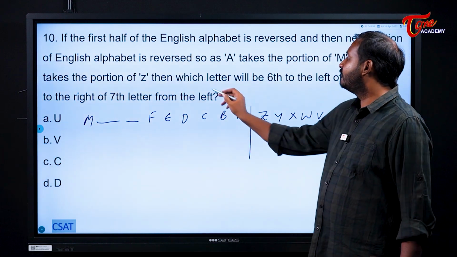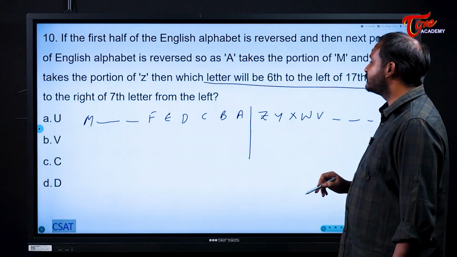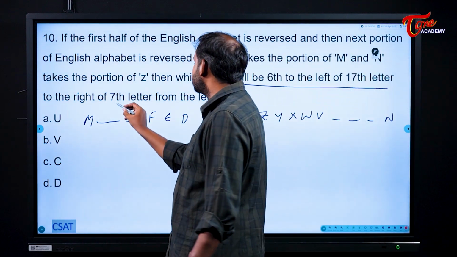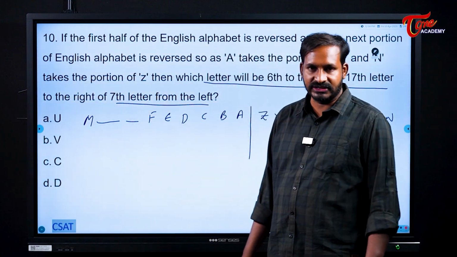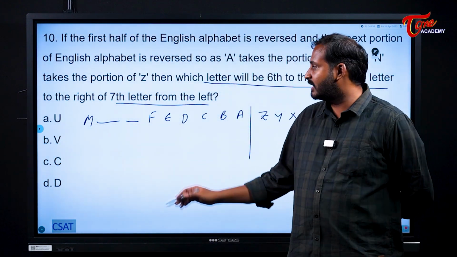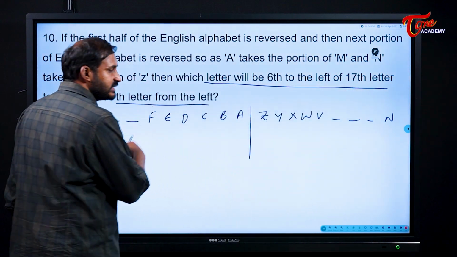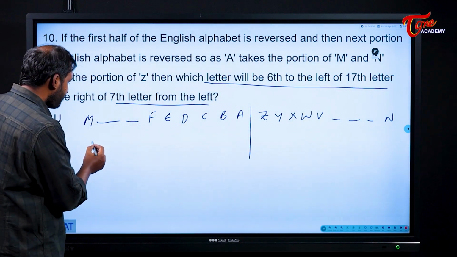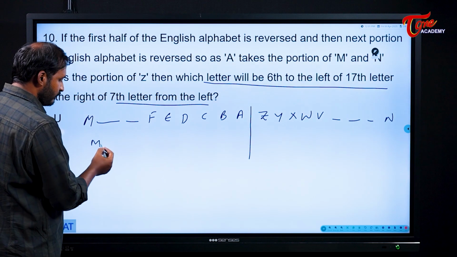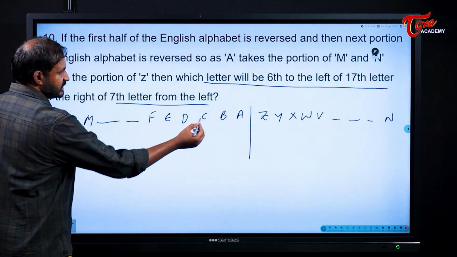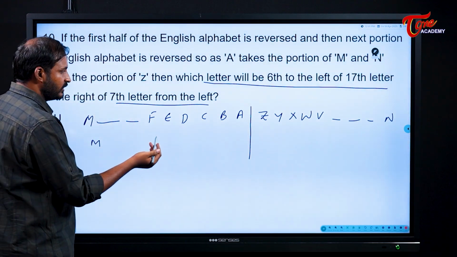Okay. Then which letter will be the 6th to the left of the 17th letter to the right of the 7th letter from the left? So now tell me first of all, what is the 7th letter from the left? This is 13th, or else we can do it in this manner also.